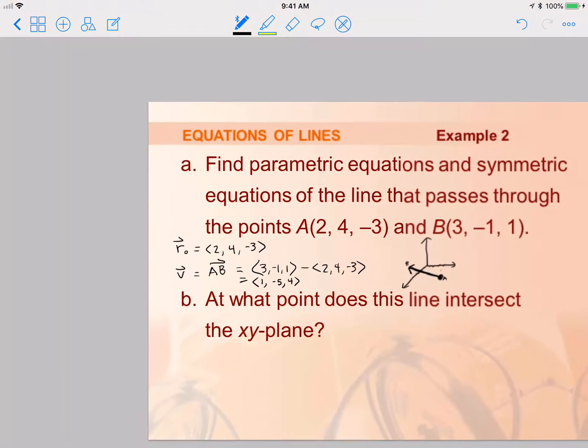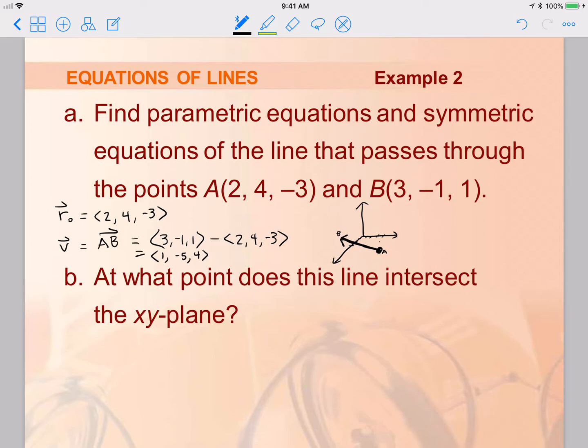Okay, so now I've got my position and I've got my direction, so I know my vector equation.